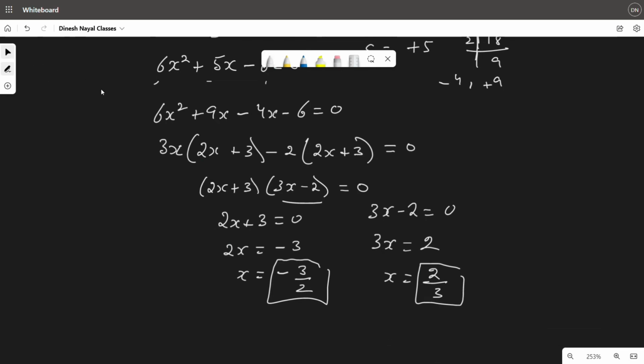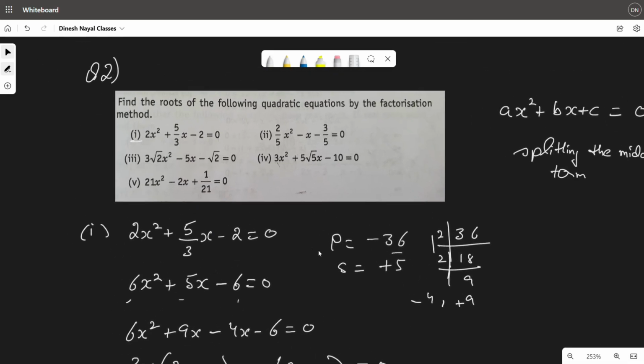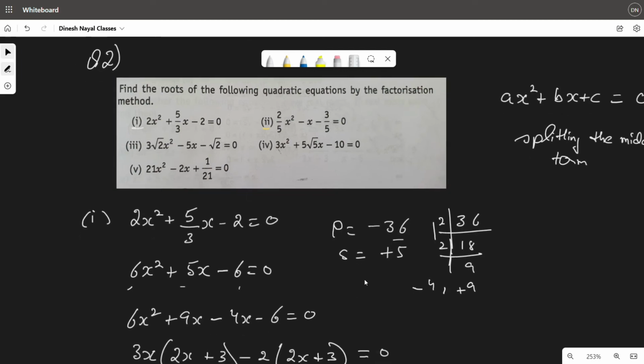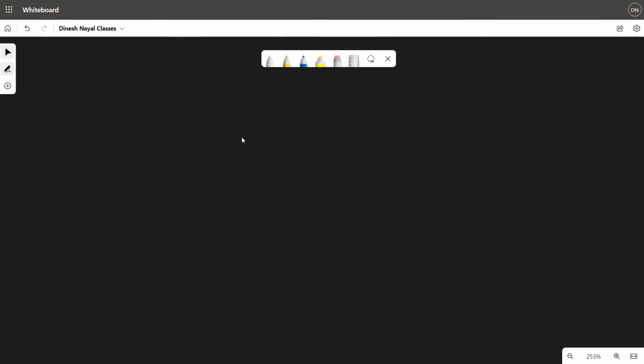Now the next part. The given equation is the second part: 2 by 5 x square minus x minus 3 by 5 equals 0. First of all, write the equation over here.